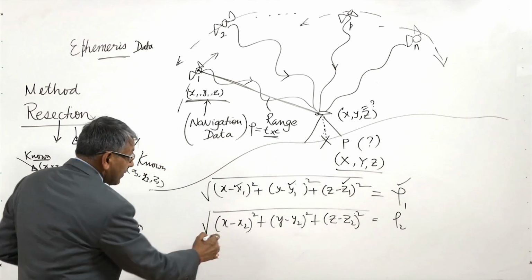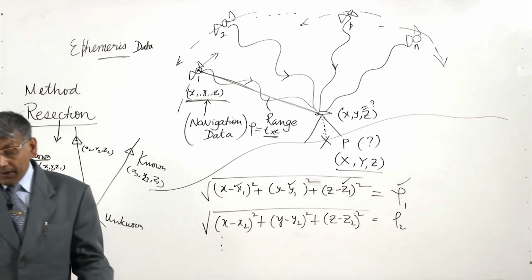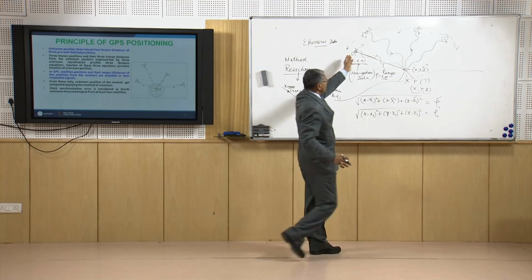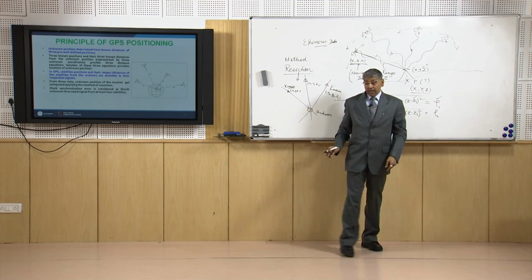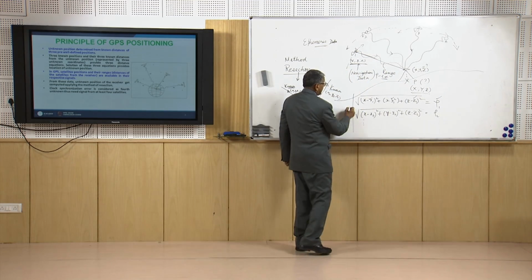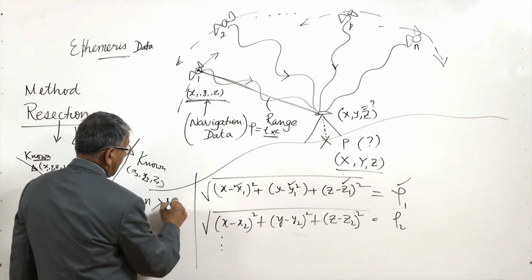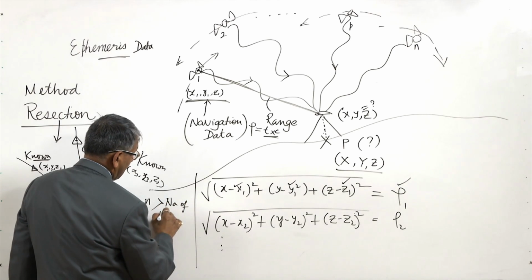So in that way we can get n equations if we have signals from n satellites, and n should be greater than the number of unknowns.